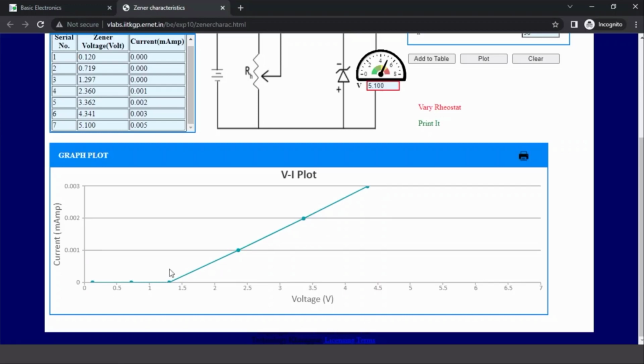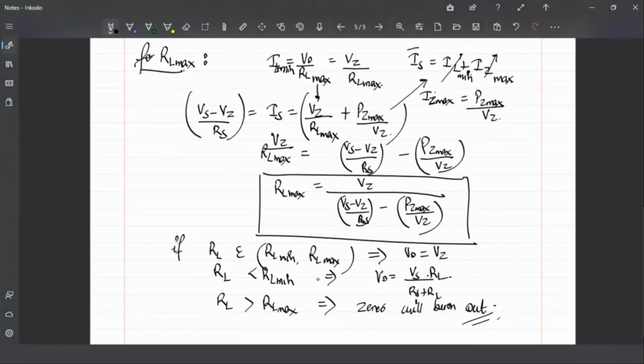If you just take a diagonal mirror image of this, what will you get? The actual curve. Instead of this curve, this is what you should get, but what is shown here is current versus voltage like this. So the actual curve is like this, but the plot they have done in the virtual lab is between this and this.